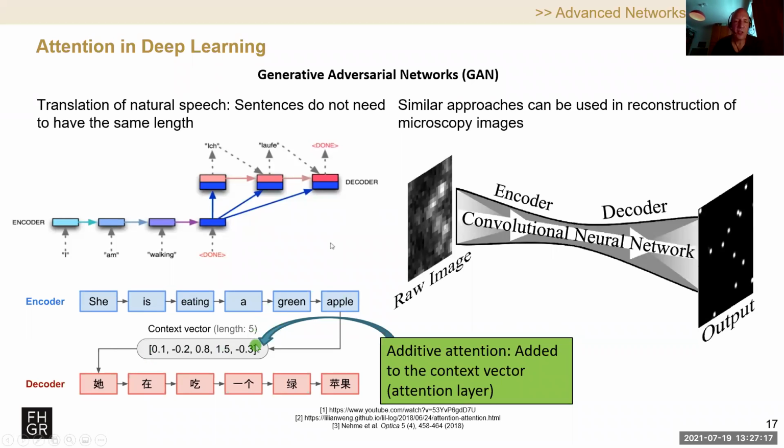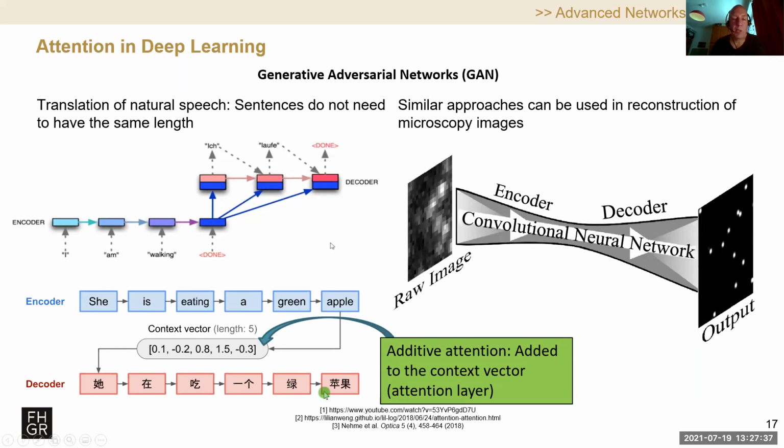One network generates some sentences, the proposal results, and then the other network is going to detect whether these sentences could occur in the corresponding target language or not.